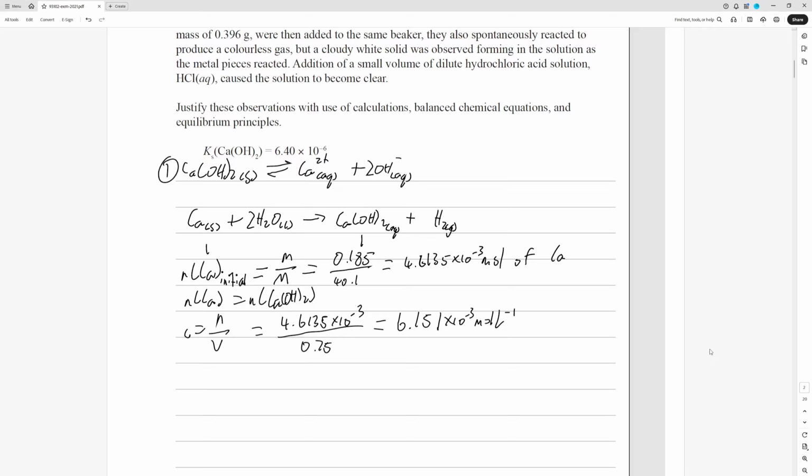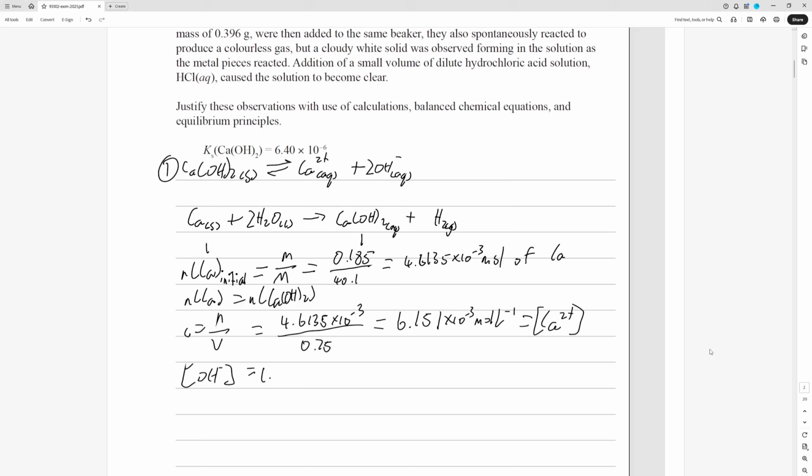So we have the concentration of calcium ions, and we can calculate the concentration of hydroxide ions just by multiplying it by 2. So the concentration of OH- equals 1.23 times 10 to the power of negative 2 moles per liter.